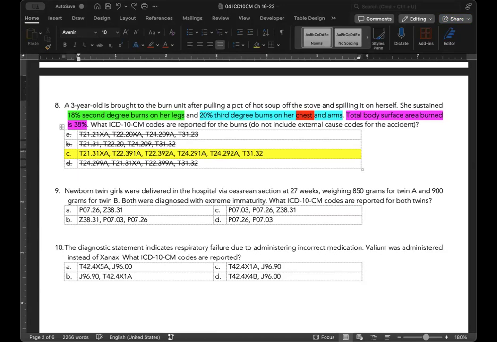I do have a question. I know the weeks of gestation are usually sequenced last. So that can help with process of elimination, right? Weeks of gestation are going to be Z3A, not Z38. And weeks of gestation are only going to show up on the maternal record and not the newborn's. Oh, okay.